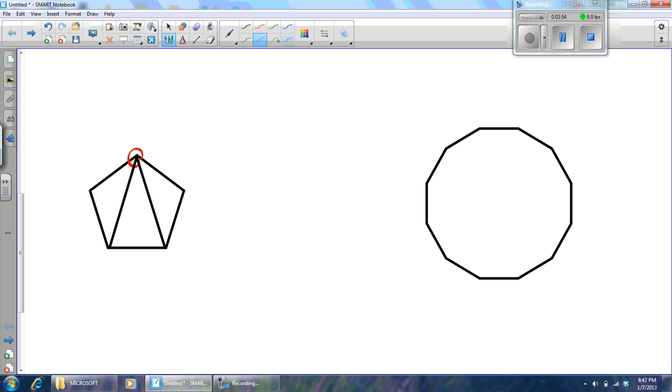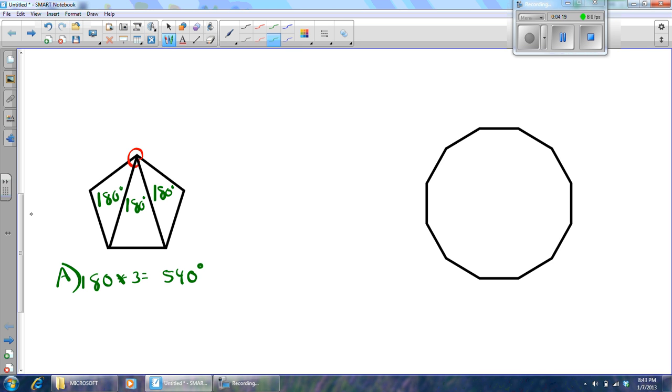Do you notice that when I drew my segments, I drew them all from that corner or vertex that I circled? So there's 180 degrees here, 180 degrees here, and 180 degrees here. So for the pentagon, the total number of degrees is 180 times 3, which would be 540 total degrees.